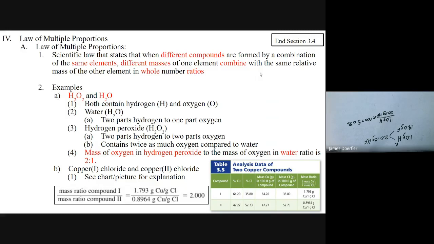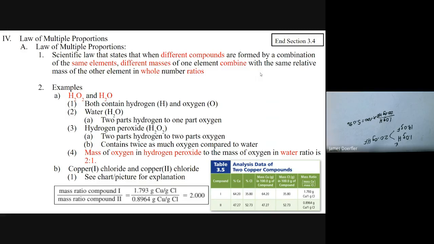And so our examples here are H2O2 and H2O. Both of those substances contain hydrogen and oxygen. Water, being H2O, has 2 parts hydrogen to 1 part oxygen.